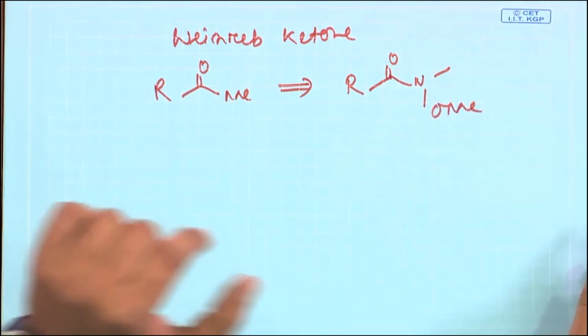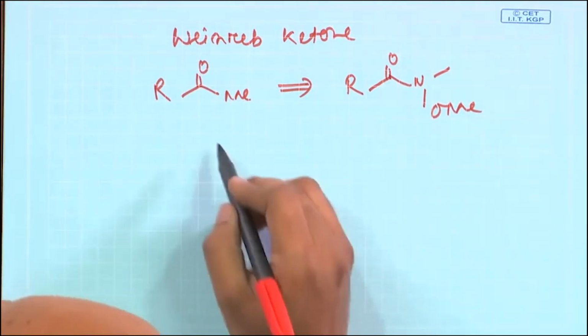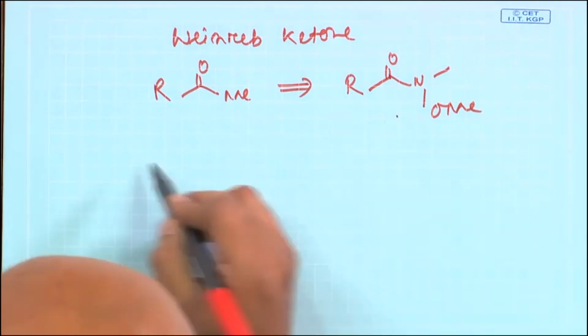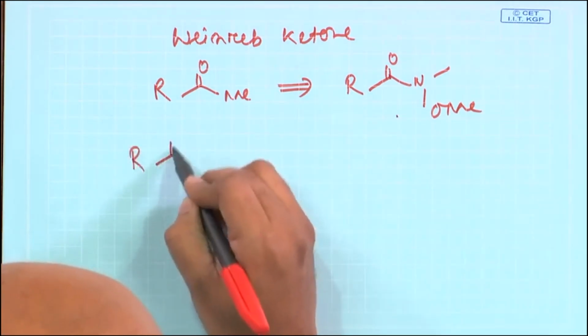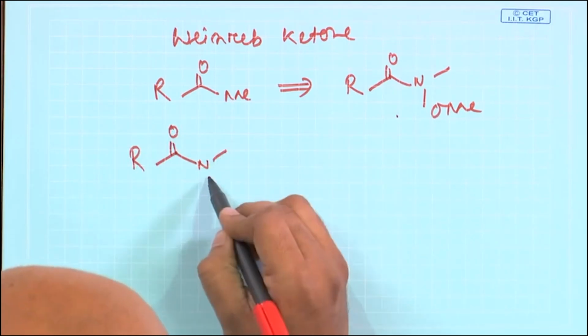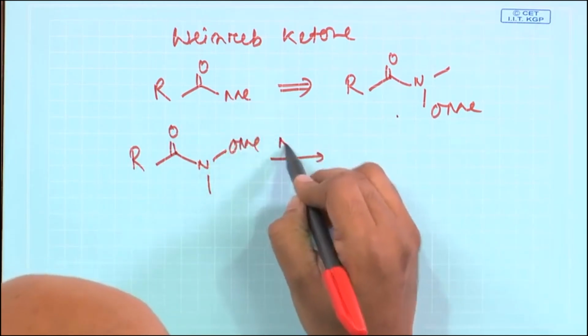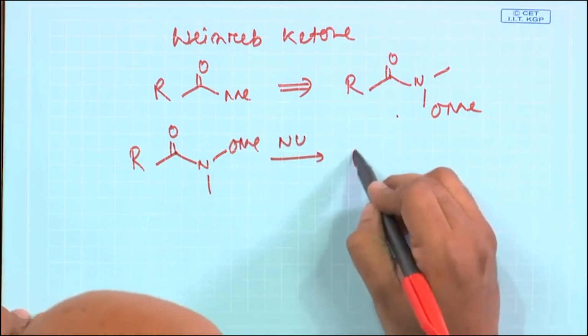So, you need a softer reagent which is less active. So, you take the corresponding amide, which is now named as Weinreb amide, and react with a nucleophile, a Grignard or something.